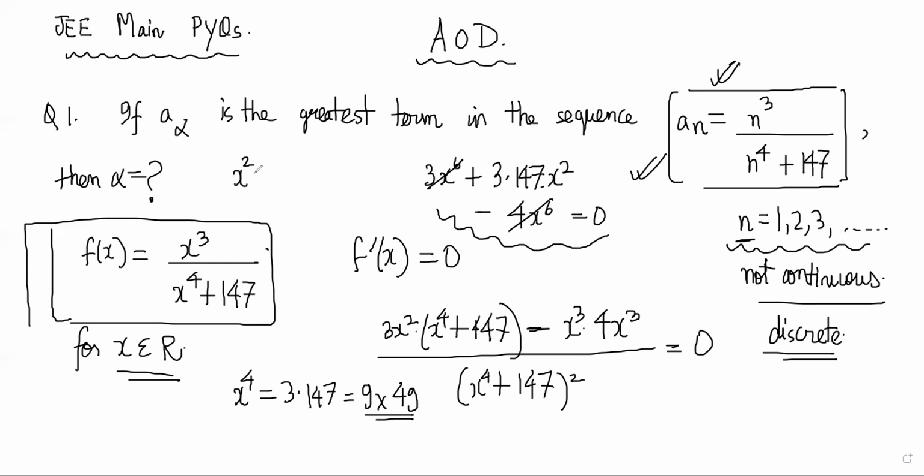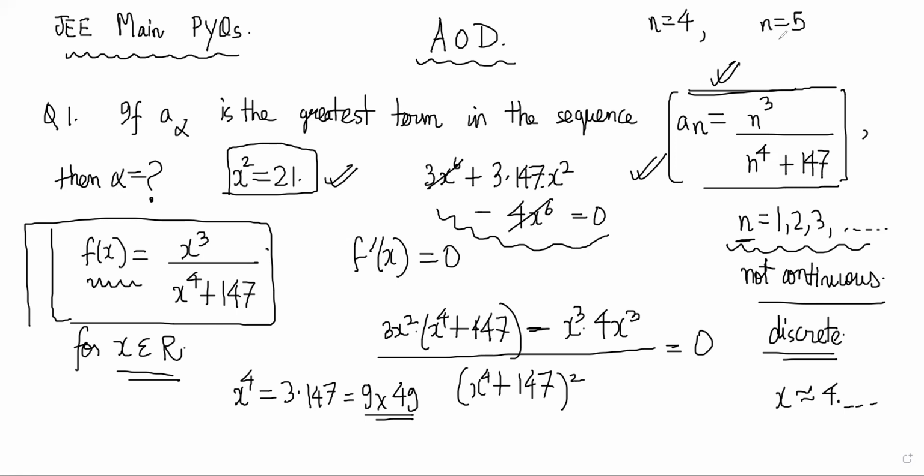So basically x square is coming out to be 21, and from there x is something in between 4 point something. So if the maxima of this function is near 4 point something, then you have to check this function at n equal to 4 and n equal to 5. Whichever one is bigger will be your maximum term.